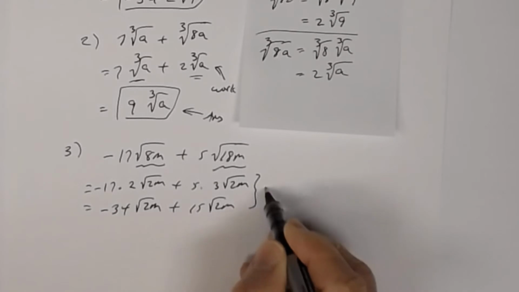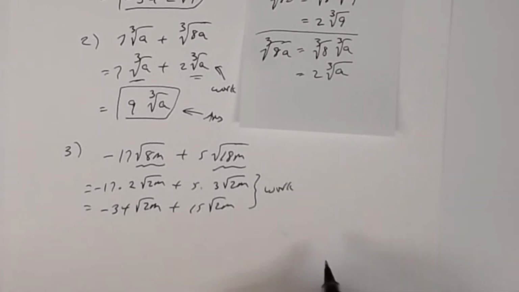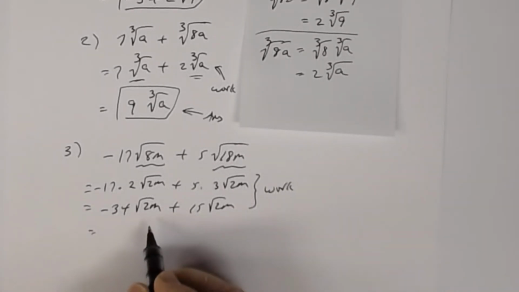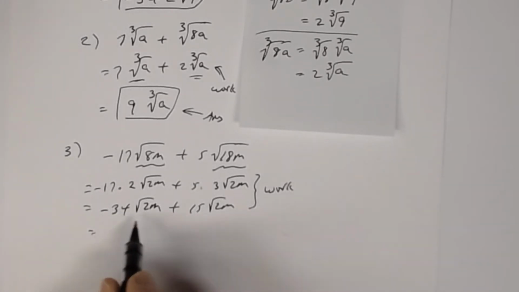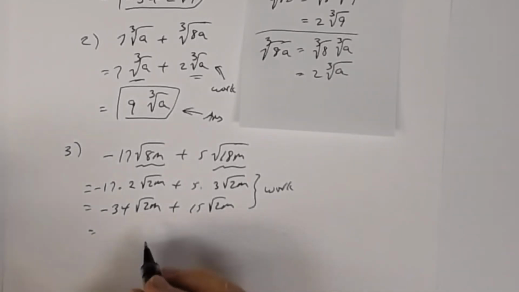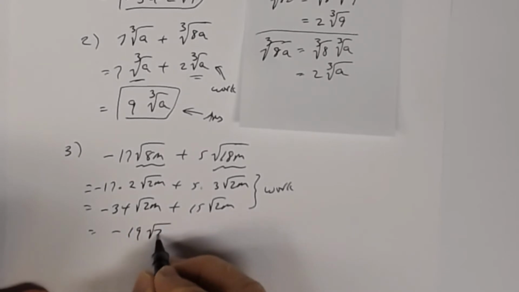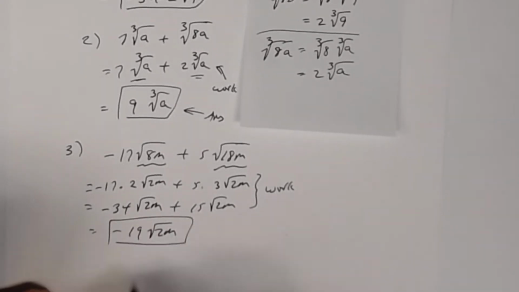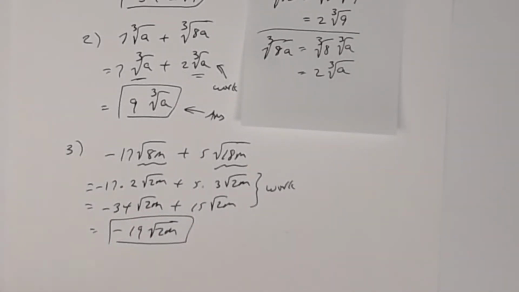All right, so here's your work. Okay, that's your work. And now those are like terms, and so I just add these together. So negative 34 plus 15 square root of 2m's gives me negative 19 square root of 2m. Okay, all right, so that's number 3.